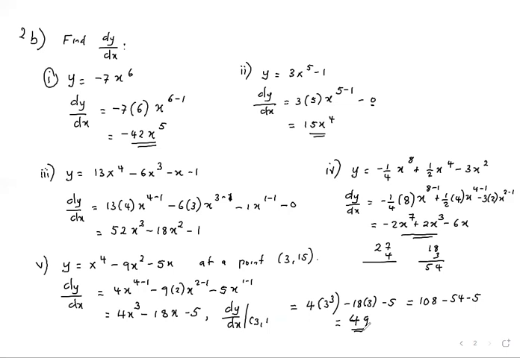What should make sense is we should evaluate this at x. If they want a point, they must say at a point (3, 49). Oh yeah, so it's okay.